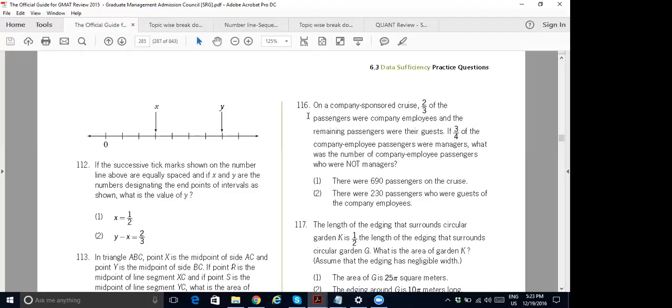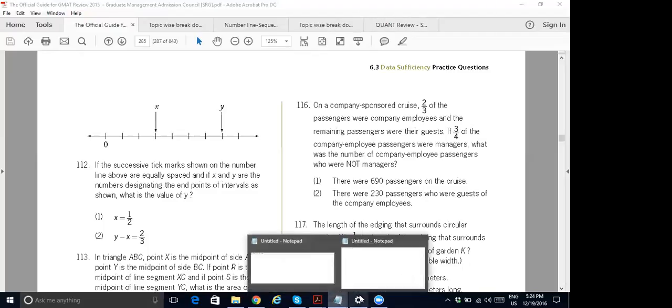Okay, 2/3 of the passengers were company employees, which means 2/3 of X are company employees and 1/3 of X are guests. Then 3/4 of the company employees were managers. Oh, sorry, 1/4. That means 1/4 were non-managers, right? One fourth of company employees were non-managers. Yes, correct.